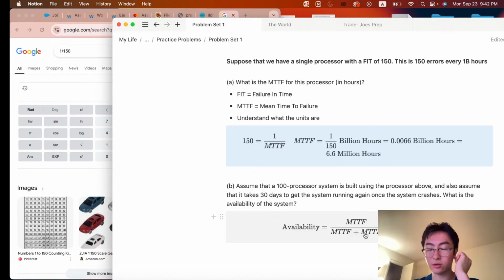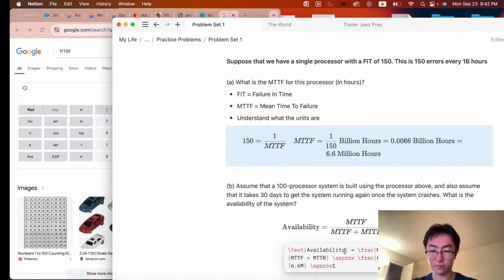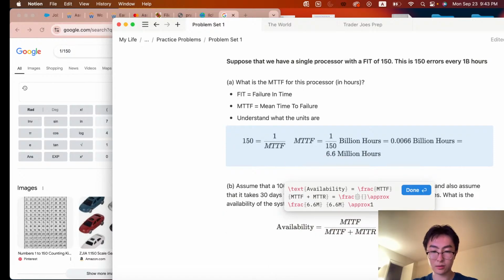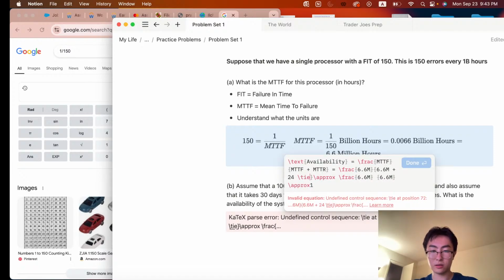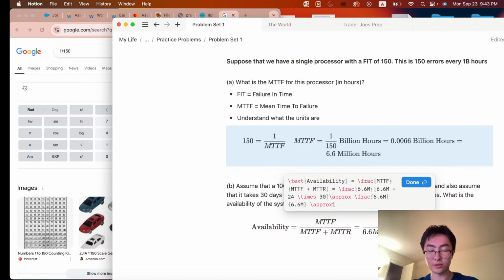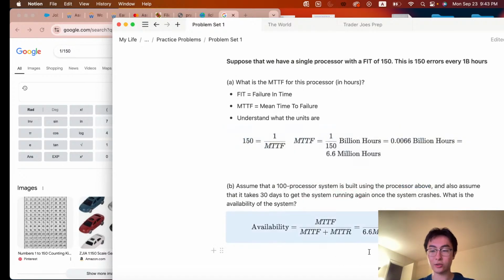The formula is 6.6 million over 6.6 million plus 24 times 30, which is 720, which is just pretty much exactly 1.